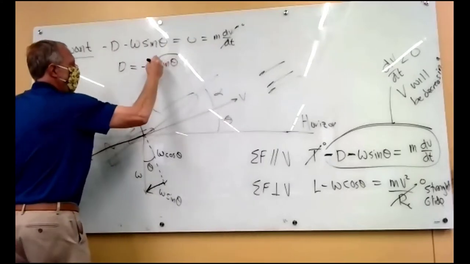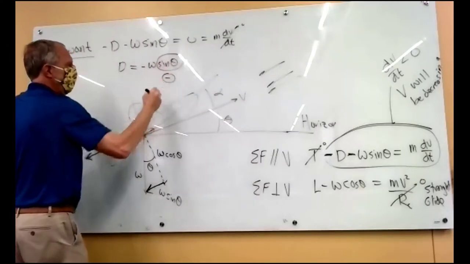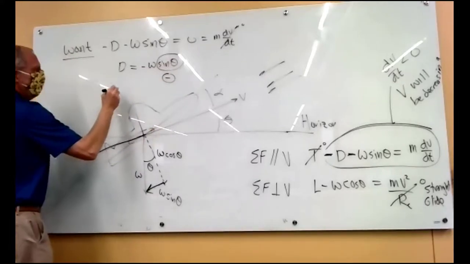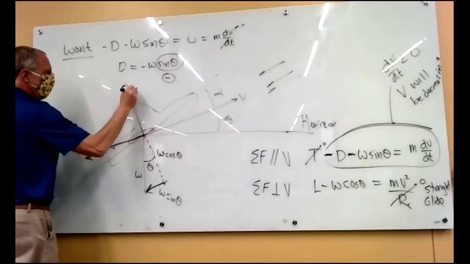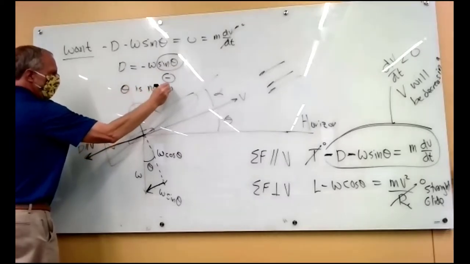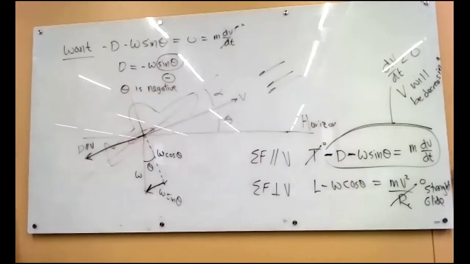We need this thing. We can't make weight negative, so we need this thing to be negative. So this will work if theta is negative. Right, the equation says that works.